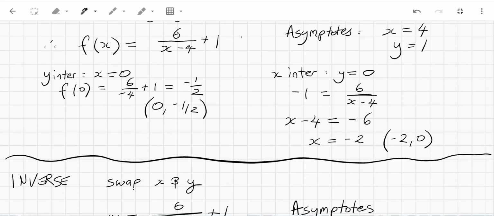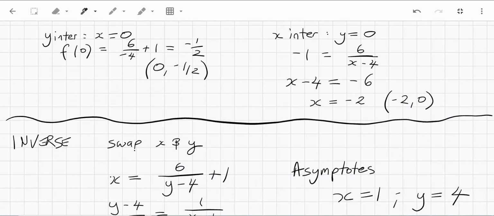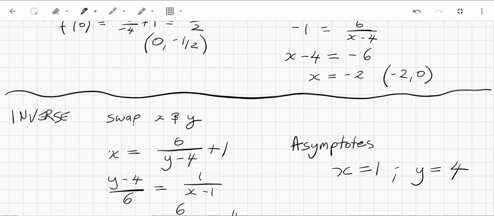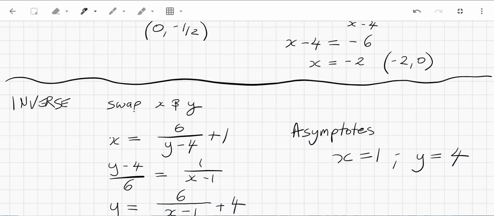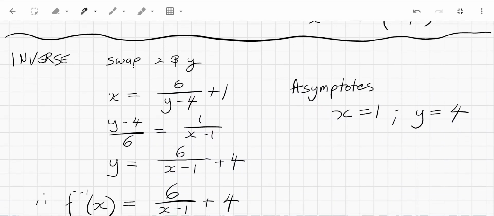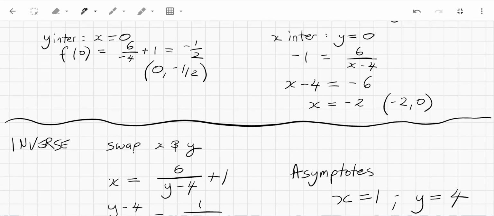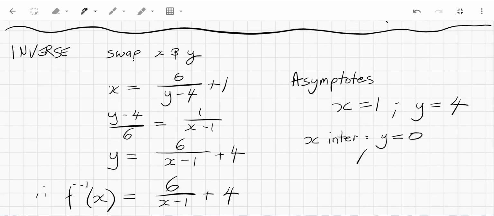Likewise, the x and y intercepts are also going to swap around because x swapped with y. So the x-intercept, when I let y equal 0 here, I'll let you check the math, becomes negative a half, 0.